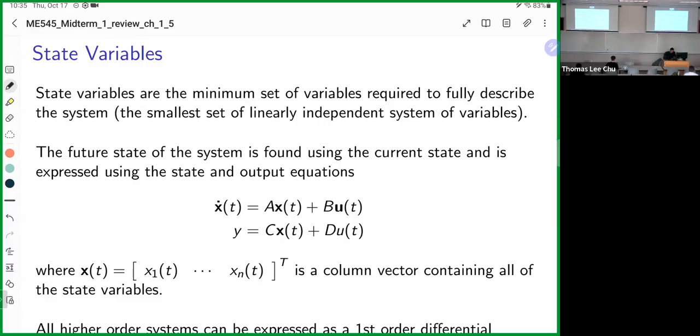The way we want to think about it is that we always set our highest derivative, the nth derivative, to be equal to a function of all the lower derivatives, maybe the n minus 1 all the way down, and a function of our input. And that's one. The other one is the number of degrees of freedom.